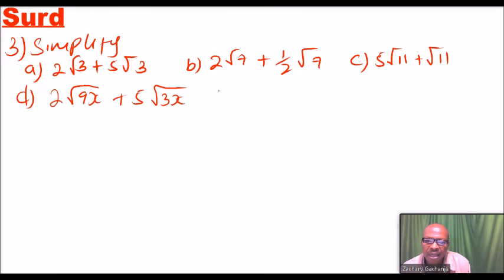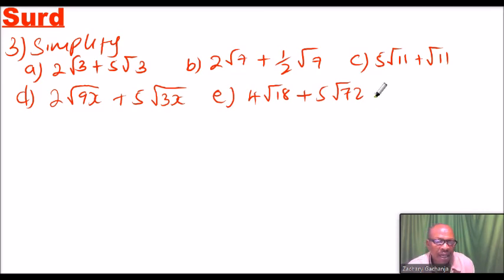We have E, 4 root 18 plus 5 root 72, and finally minus root 108, that is the square root.